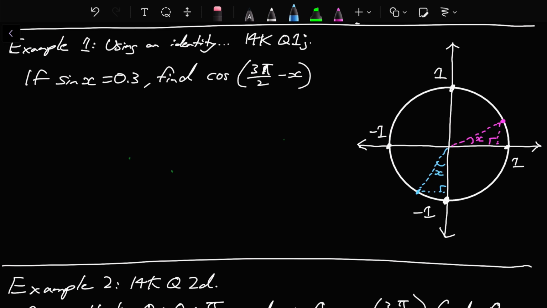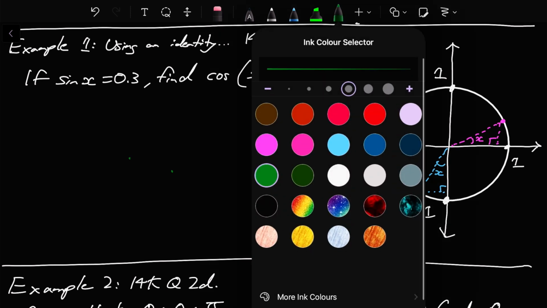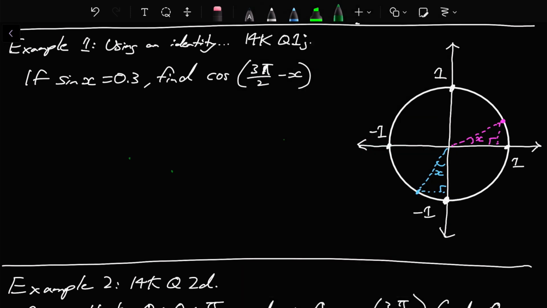And now, hopefully, we can see our symmetries at play again. We're using this idea that these triangles are the same. So firstly, before I do anything, I'm going to notice which side lengths are actually the same. That is, the sine value, the short side, is 0.3. But because these triangles are the same, we can also say that this side here is 0.3, and that side exactly gives us the cosine value.